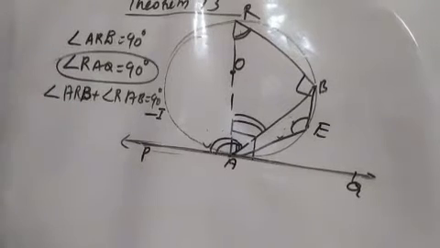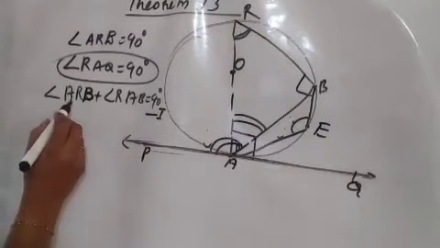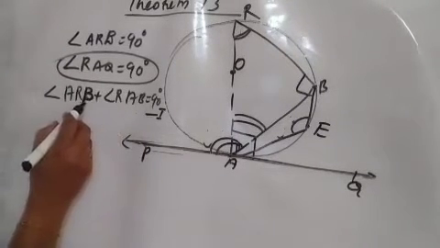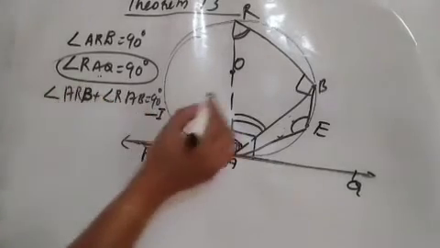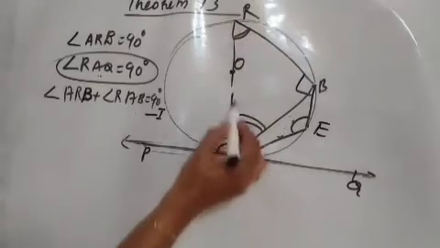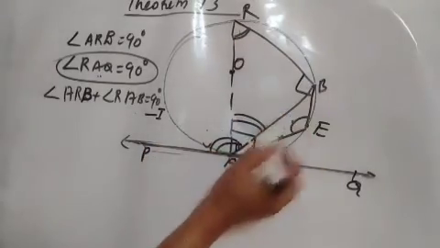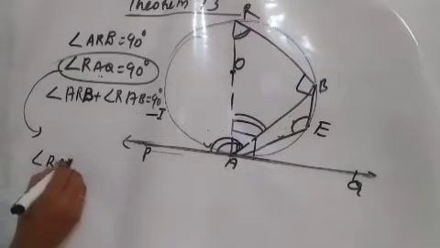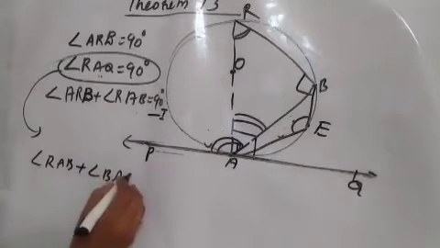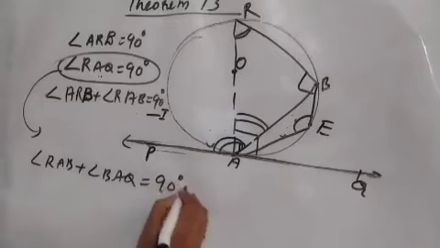Okay. This is the first equation: ARB plus RAB is 90 degrees. And you know that RAQ is 90 degrees. RAQ can be divided into two parts, RAB and BAQ. Angle RAB plus angle BAQ is equal to 90 degrees. This is the second equation.